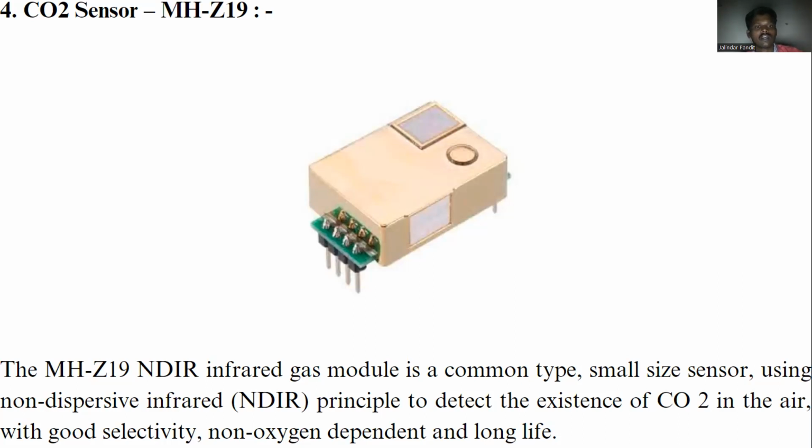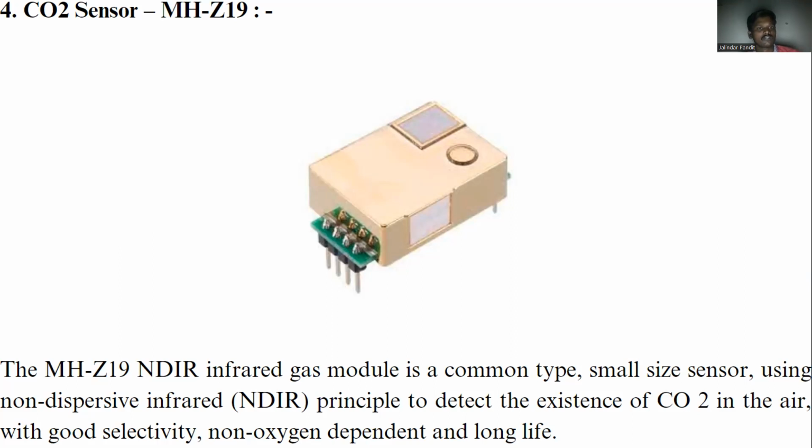So we are using the MH-Z19 sensor, which measures CO2, carbon dioxide. As people exhale carbon dioxide, the indoor CO2 content can easily get very high, and high concentrations are also harmful to our health.